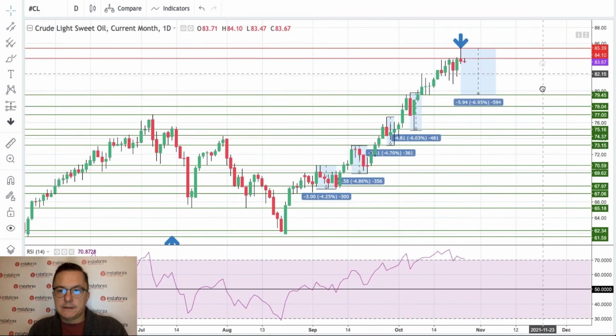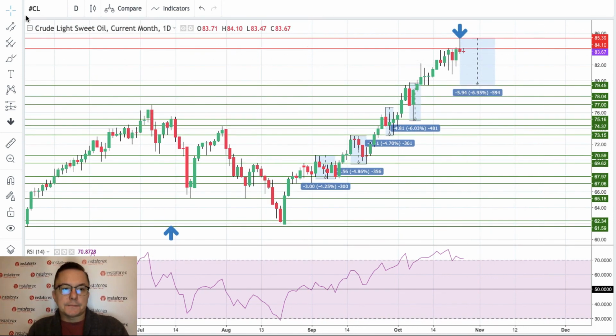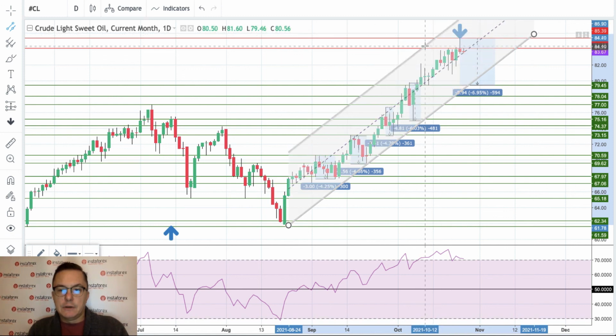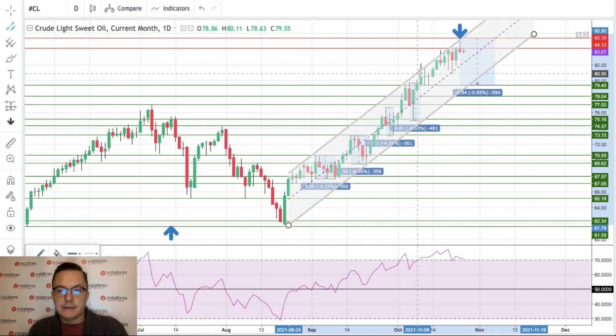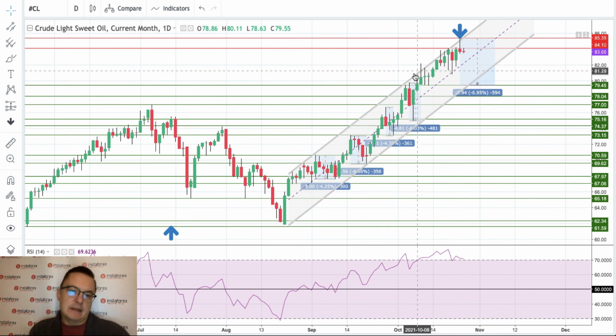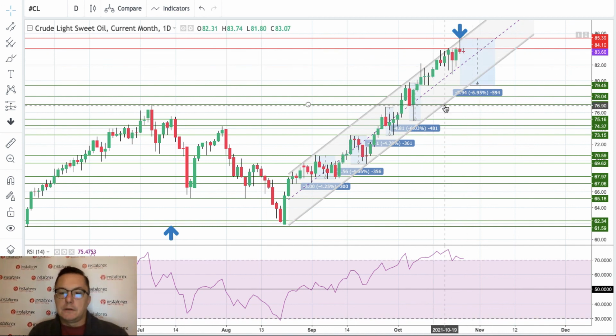I think that this might be a very interesting channel here, because of course we are moving inside of the channel, so any channel breakout will be kind of devastating for bulls, right? Of course, if you break through the upper channel line, that's not much of a problem, but if we break below the lower channel line, that's a completely different story.